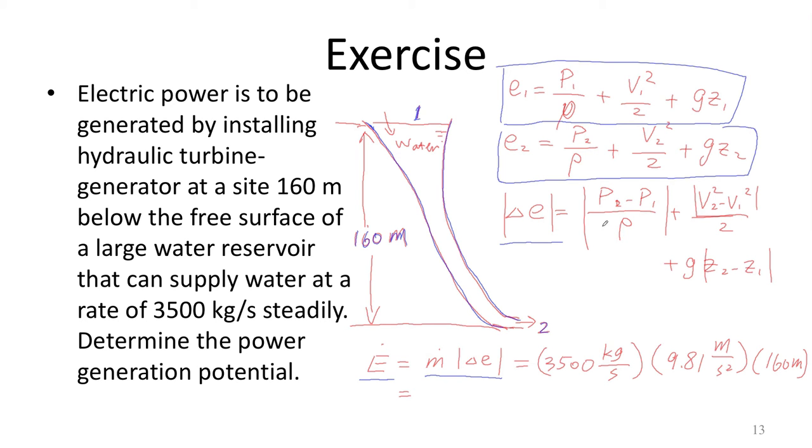So this pressure difference term should be negligible, should be 0, because the pressure at point 1 is P1, and at point 2 is P2, and there's an open water surface at both points. The water is exposed to atmosphere at point 1, and again exposed to atmosphere at point 2. So the change would be equal to the atmospheric pressure change between 1 and 2.